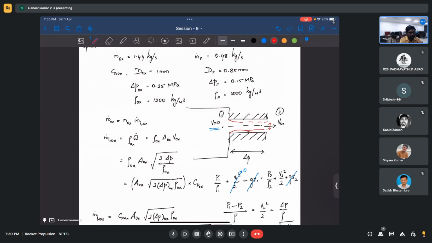This can be opposed by the shear stress, right? If you want the fluid to flow from here to there, you should have a driving force to move the fluid, and that driving force is the pressure gradient. Wherever you see a fluid flowing, there should be some force acting on the fluid in order for it to move from rest to motion. That force is the pressure gradient.